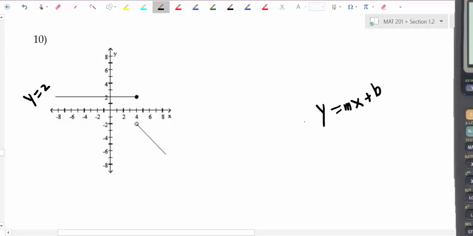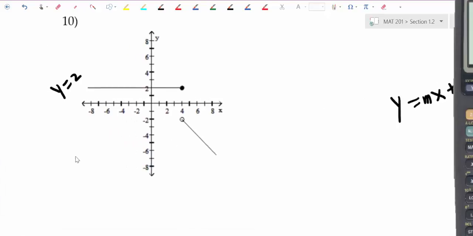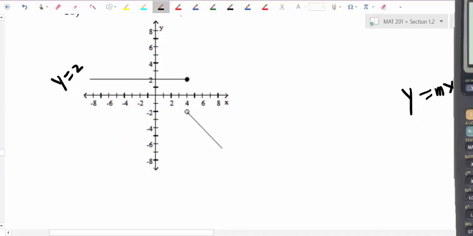So the y-intercept on this, there's a couple of ways you could do that. You could keep counting the slope and figure out where you are. I need to zoom in on this so I can see it better. It looks to me like if I go down 2 and over 2, then I'm going to get to the next point.